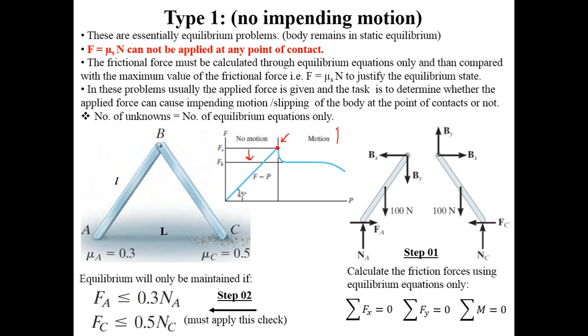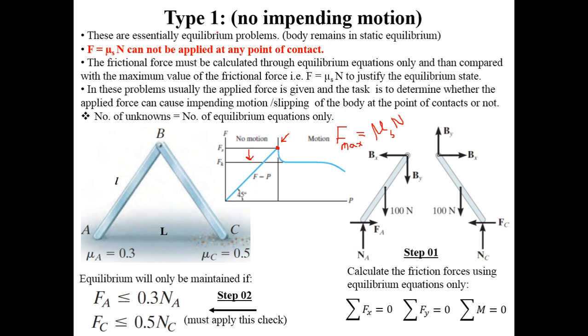And you all know that the maximum friction force is the limiting value of the friction force, and that is given by the product of the coefficient of friction and the normal reaction. This is the maximum value of friction force.